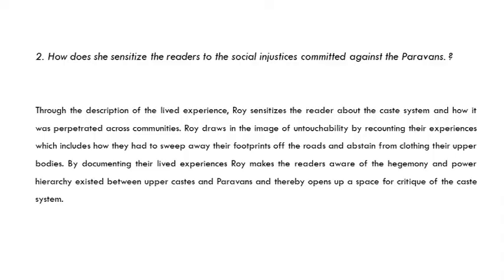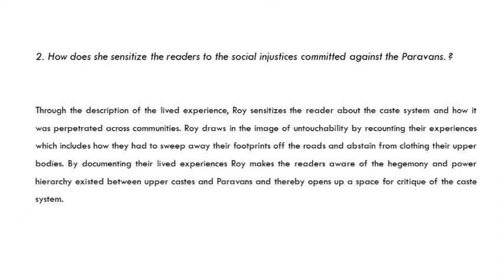Now we have the second question from this classroom activity: how does the author sensitize the readers to the social injustice committed against the Paravans? The first was regarding the discrimination against the lower caste, and the second is regarding the social injustice committed against the Paravans. Arundhati Roy sensitizes the reader about the caste system and how it was perpetrated across the communities.